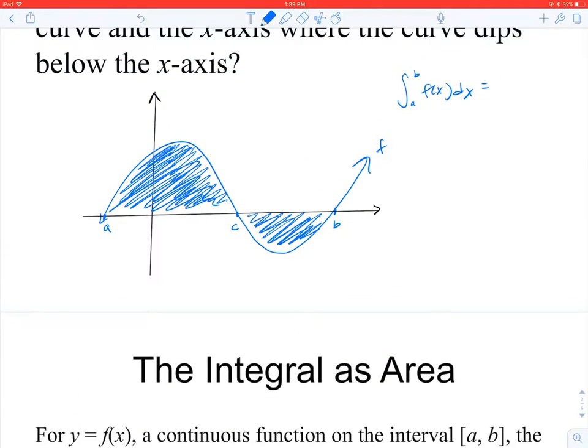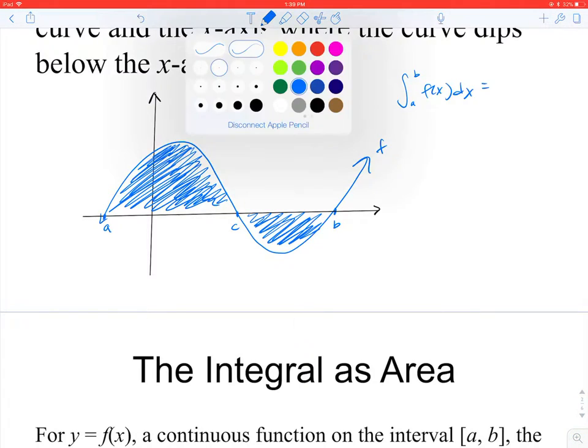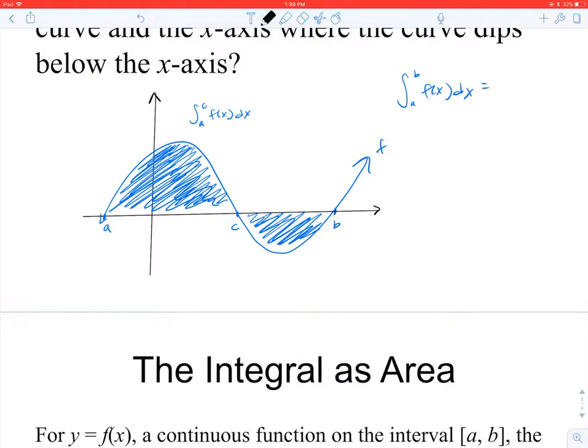If we were to integrate from a to c this function, we would end up with this area. I'm going to call it area 1.